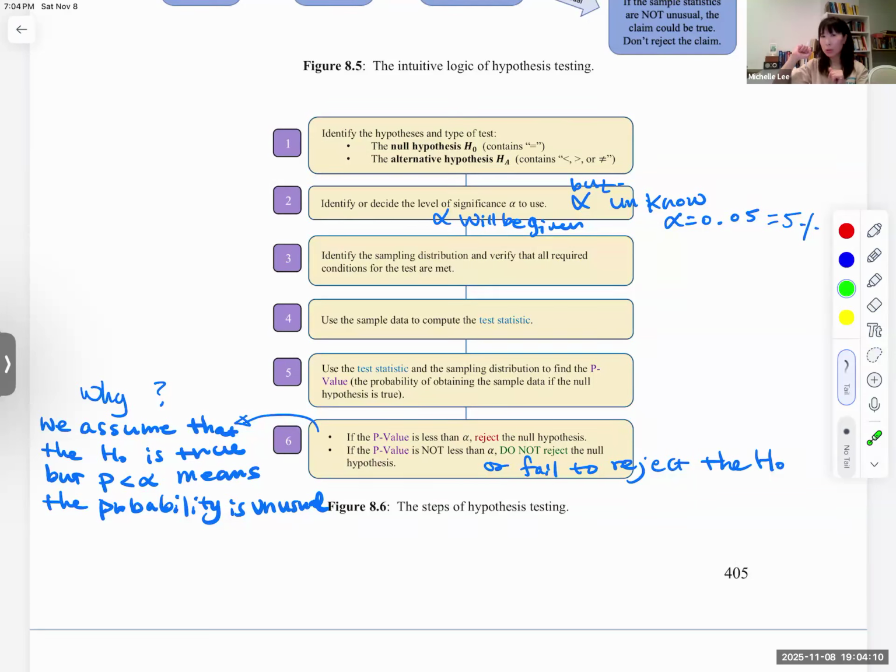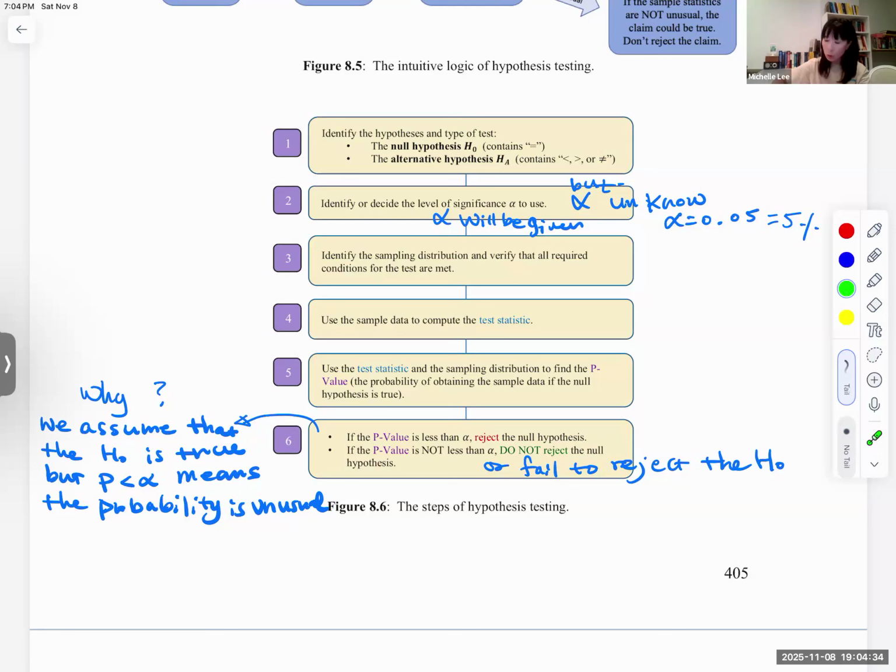So it's nearly impossible to have that probability. Like winning the lottery, it's unusual, right? Very unlikely to happen, right? That's why we say reject the null hypothesis test. Make sense? Okay.